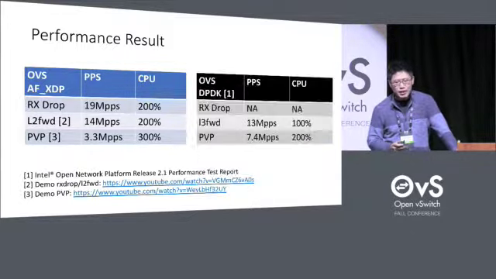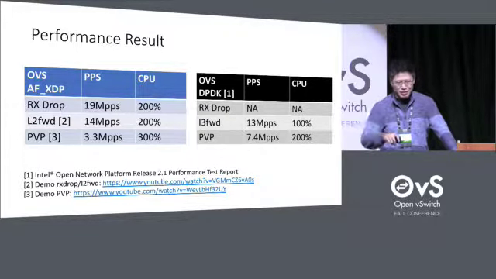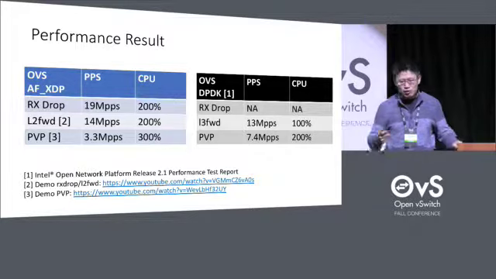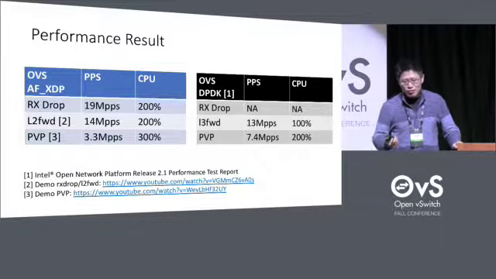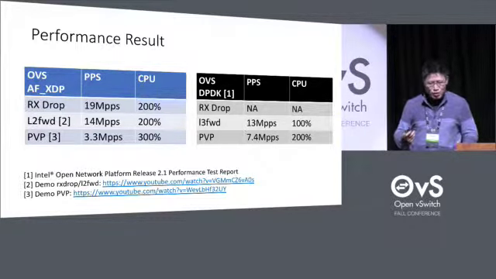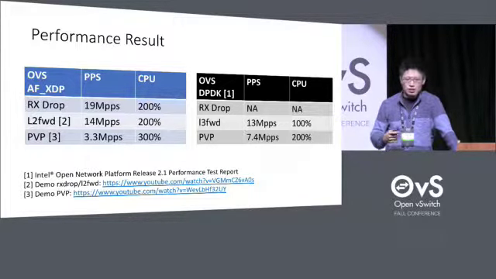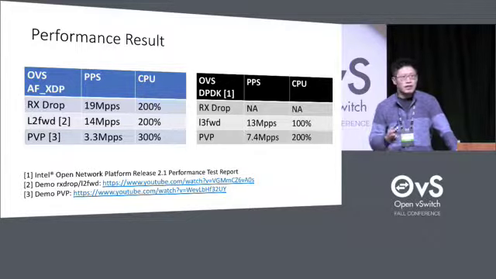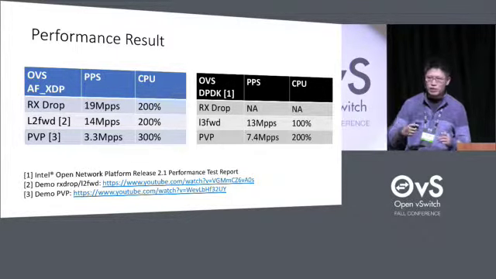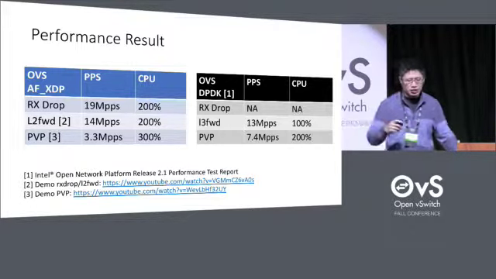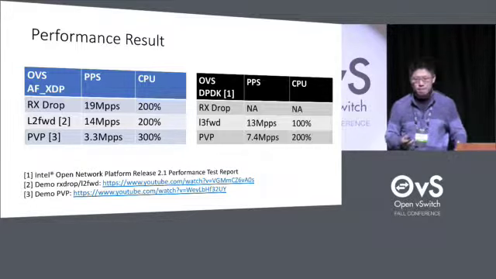Compared with DPDK, this is based on the document below, not on my setup. So compared with the document, L2 forward is probably similar, but PVP right now is still slow. But I think it's because of the different mbuf use case. I also provided some demo videos in the link below.